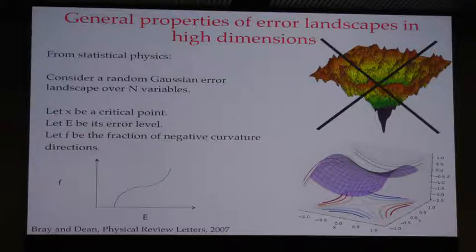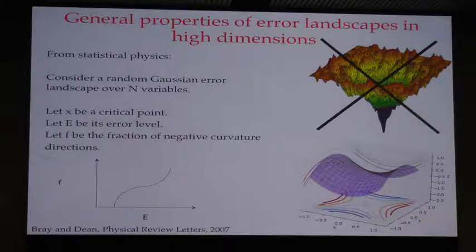You can plot every single critical point in a two-dimensional feature space. One axis of that feature space is the error level of the critical point. And then f is the fraction of negative curvature directions, the fraction of negative eigenvalues of the Hessian at the critical point. A priori, critical points could appear anywhere in this two-dimensional feature space, but it turns out, at least for this ensemble of error landscapes, there's a concentration of measure phenomenon where they concentrate on a monotonically increasing curve.